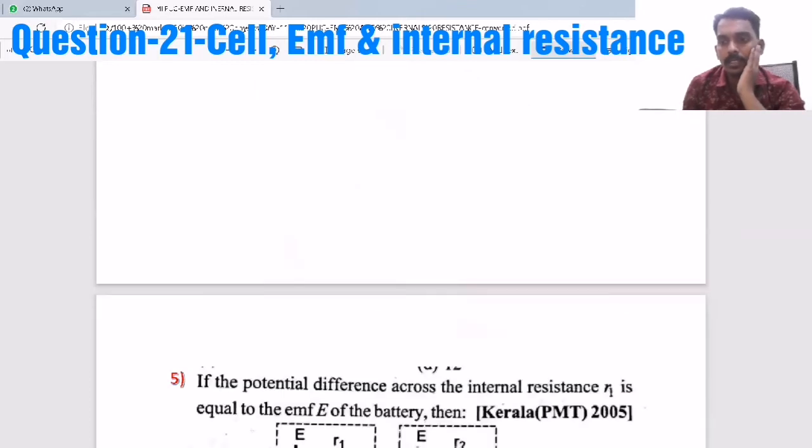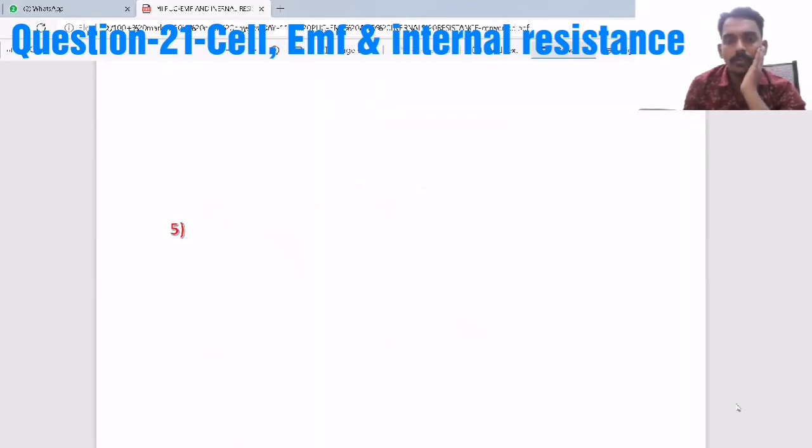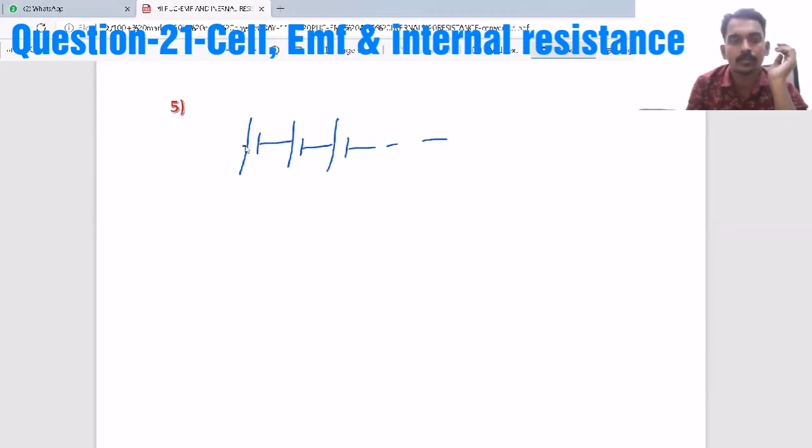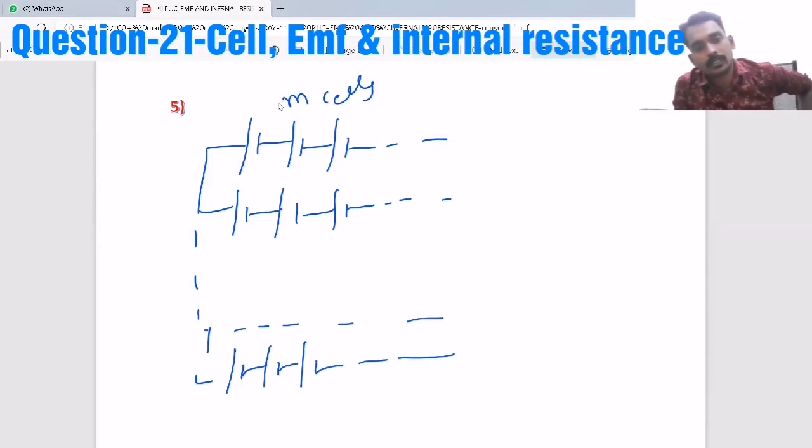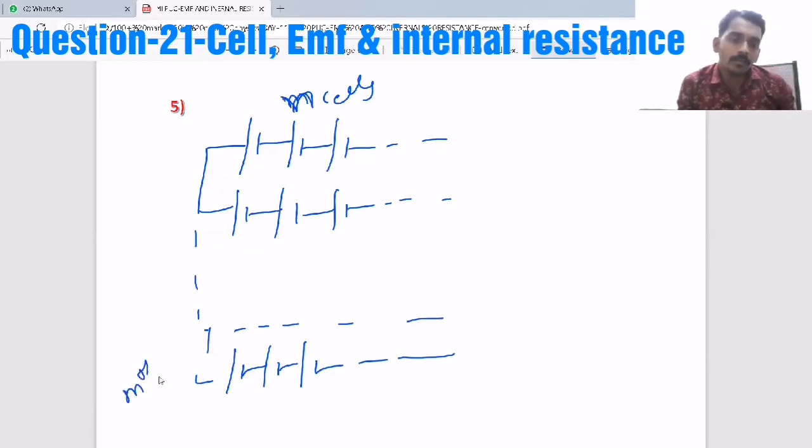Also, sometimes they'll give mixed grouping. I'll just tell you. Mixed grouping means there are N cells in each row, and there are M rows.